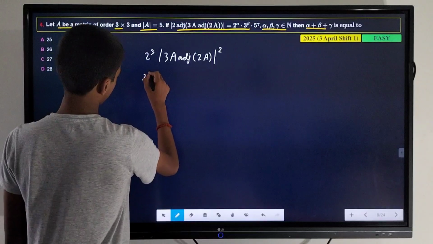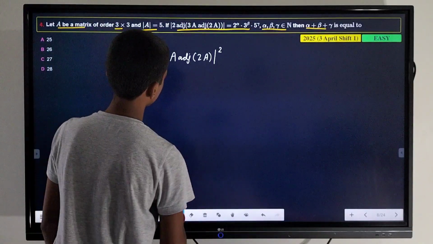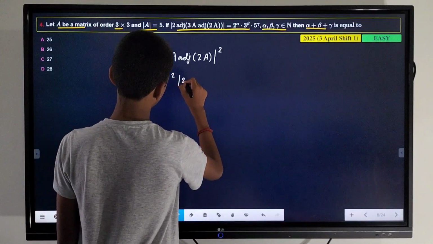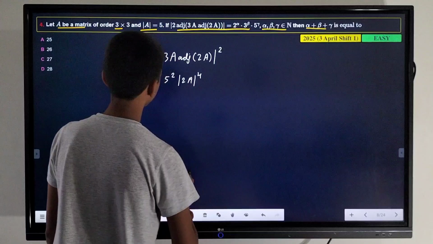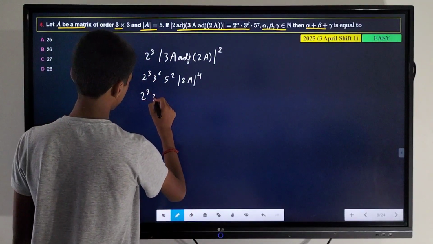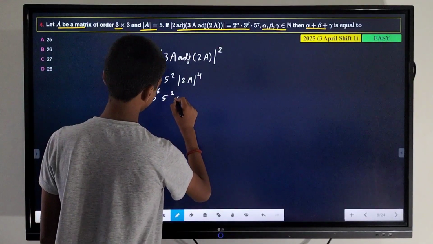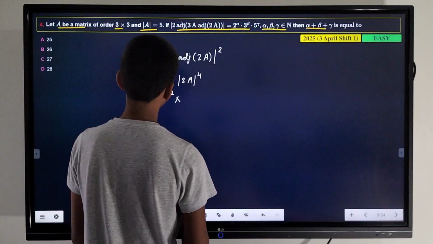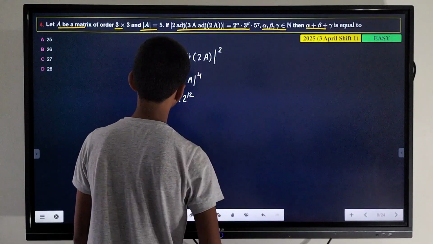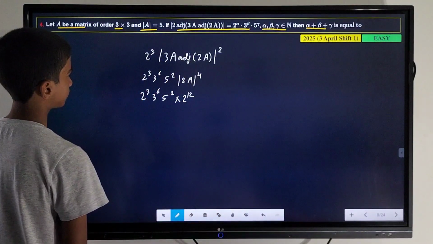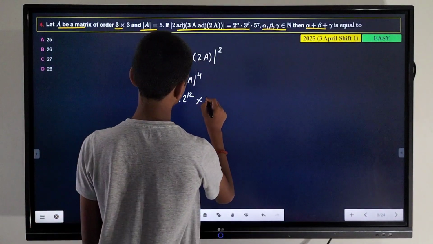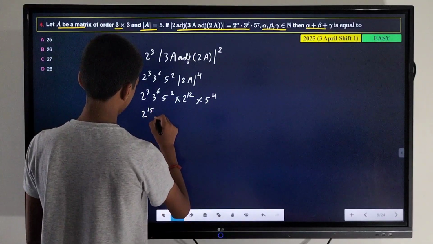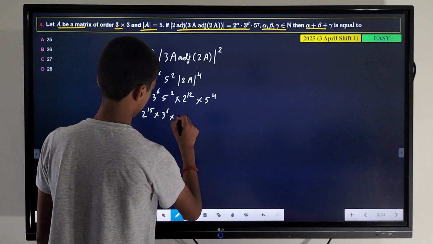So it will be 2 cube 3 raised to power 6 and determinant of A square, so 5 square, and determinant of 2A raised to power 4. So 2 cube 3 raised to power 6, 5 raised to power 2 into 2 raised to power 12. 2 raised to power 12 into 5 raised to power 4. So we will get 2 raised to power 15 into 3 raised to power 6 into 5 raised to power 6.